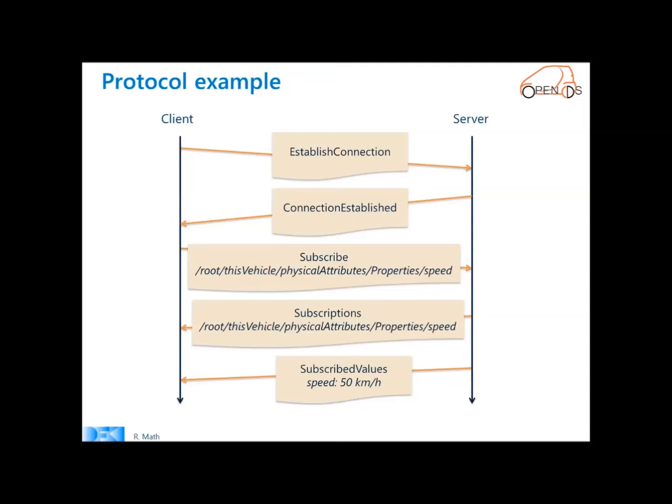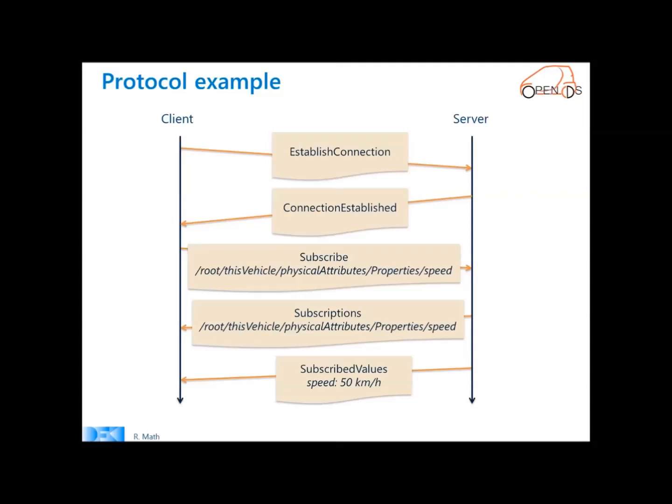After the client is connected to the server, the client has to send an establish connection message, and in this message you can also already specify what the update interval should be. Every message you send from the client to the server will be responded to, so that you know the server received the message.